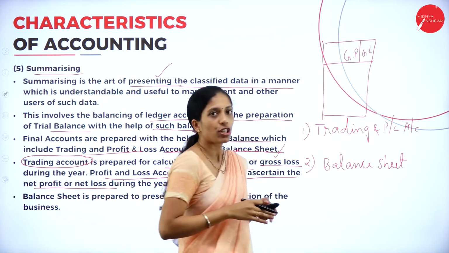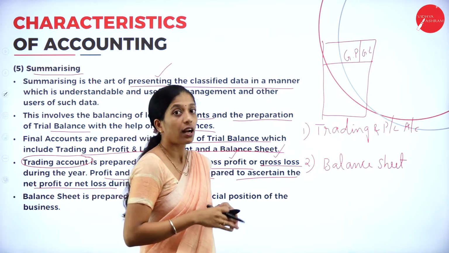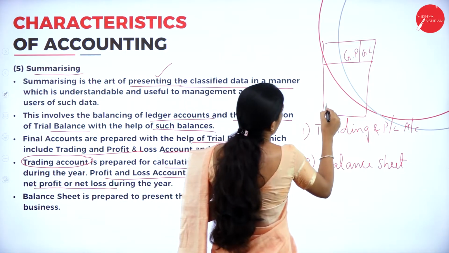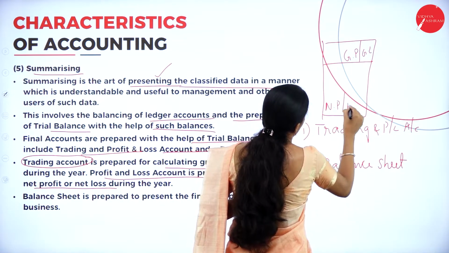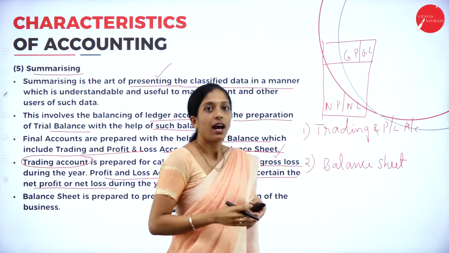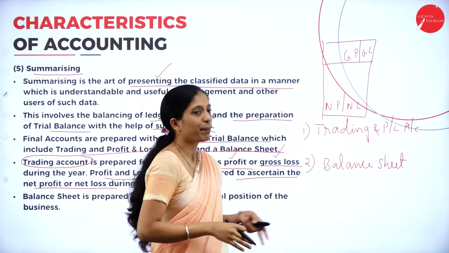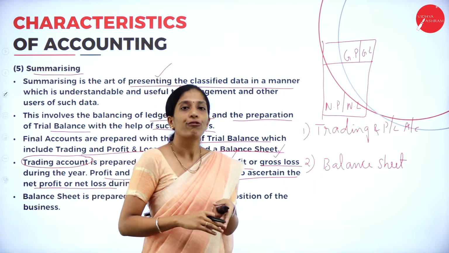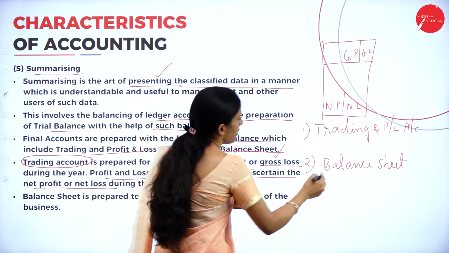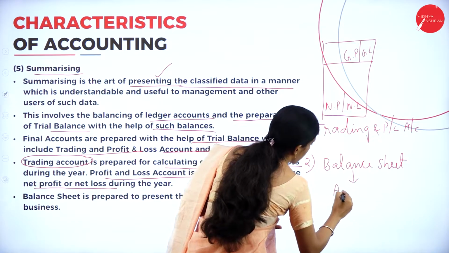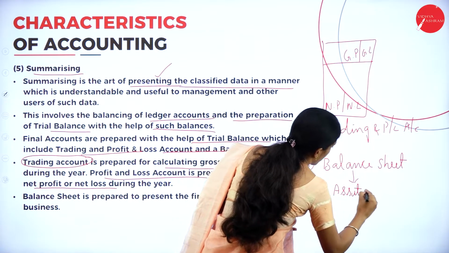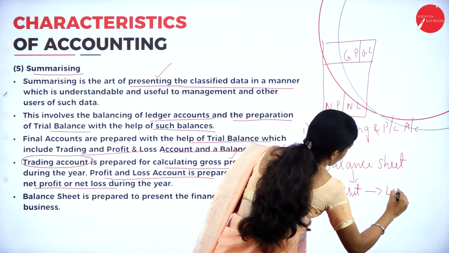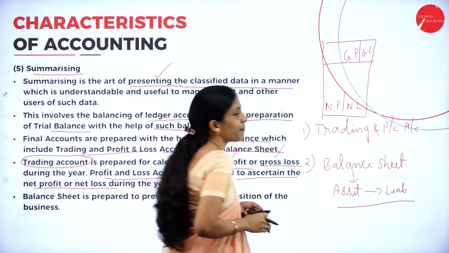Then the continuation is the profit and loss account, where we come to know the net profit or net loss of the business. Later on we prepare the balance sheet. The balance sheet is prepared in order to know the financial position of the business, that is the total assets and total liabilities. So that is the balance sheet.